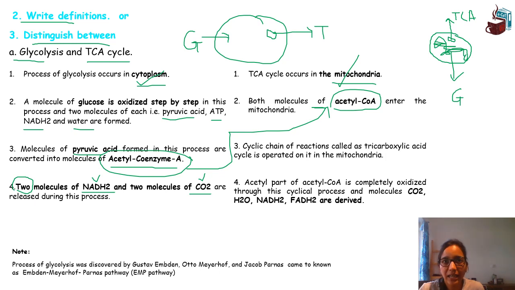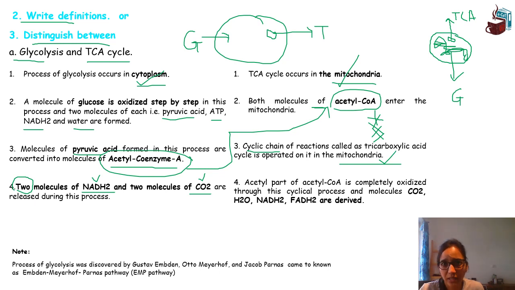Then cyclic chain reactions occur, called the tricarboxylic acid cycle, and it is operated in the mitochondria. So this acetyl coenzyme is broken down step by step in the TCA cycle in the mitochondria. And what do we get from this?